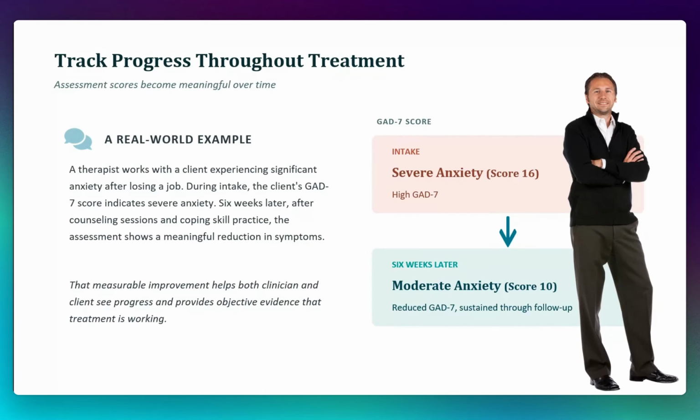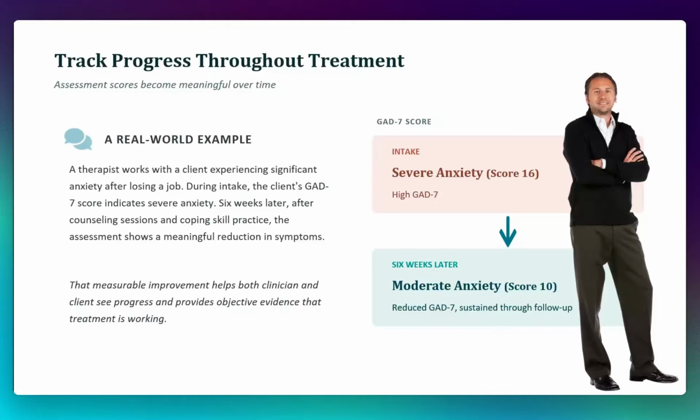So let's take a look at a real-world example. Imagine a therapist is working with a client experiencing severe anxiety after losing a job. During intake, the client's GAD-2 score of 16 indicated severe anxiety. 6 weeks later, after counseling sessions and coping skill practice, the assessment showed a meaningful reduction in symptoms, scoring a 10, which is right on the edge of moderate and mild.